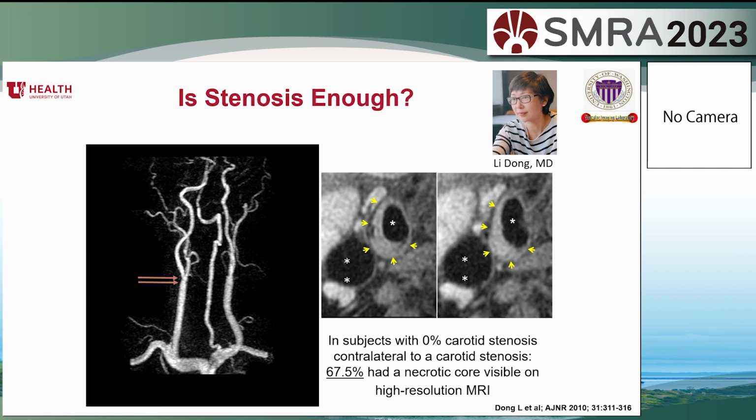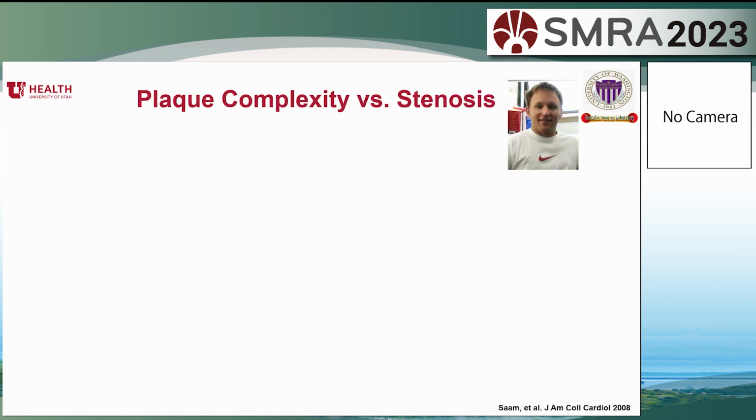Basically what this demonstrated is there's a significant chunk of patients who already have advanced lesions on the other side, but they don't have severe stenosis, meaning this information is adding to the value of what vessel wall imaging is doing. And as I will talk a little bit more later on, it is also providing a challenge in that area.